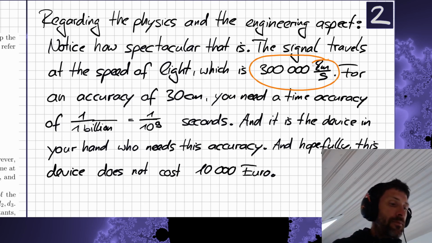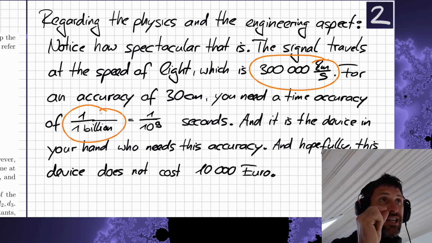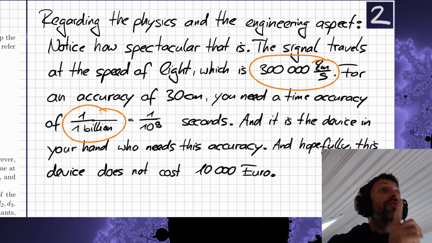We need 1 divided by 10 to the power of 9 seconds. 1 divided by 1 billion. Don't be confused if you are German. An English billion is a German Milliarde. So don't be confused.